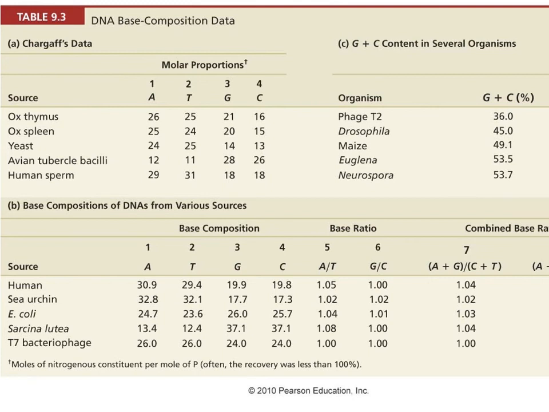Now, when you compare the ox to yeast or birds, then you start to see, holy smokes, look how different birds are, avian, tubercle bacilli, how different those avian samples or bird samples are from the ox.